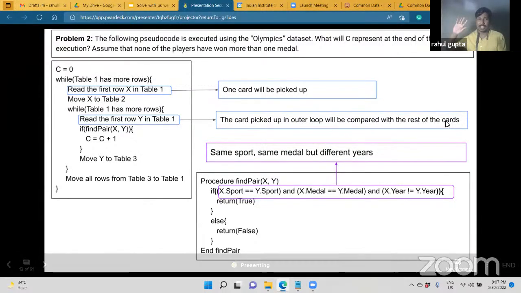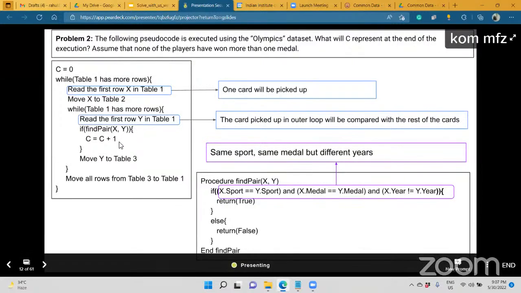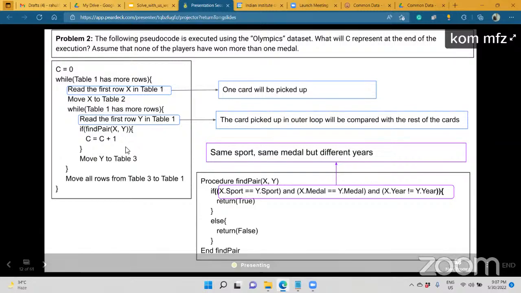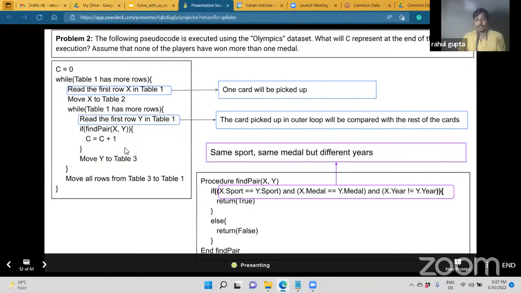Looking at x comma y, two cards together, we can conclude that it is pair counting only. It might be false in some questions, that's why I'm saying if you don't have time, then use this only. So this is still same sport, same medal, but not same year, right?